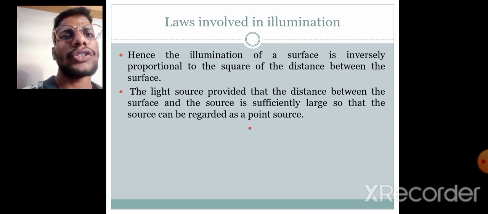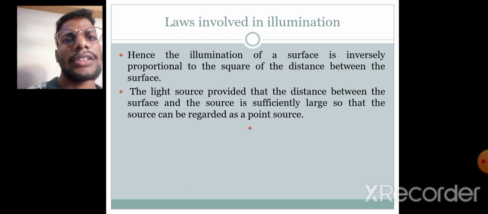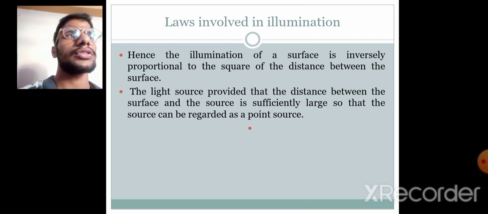Hence, the illumination of a surface is inversely proportional to the square of the distance between the surface and the light source, provided the distance is significantly large so that the source can be regarded as a point source.